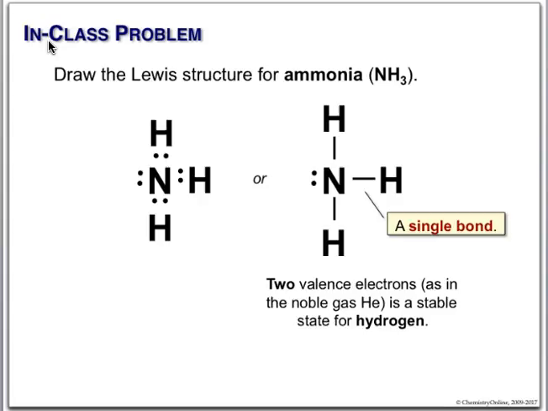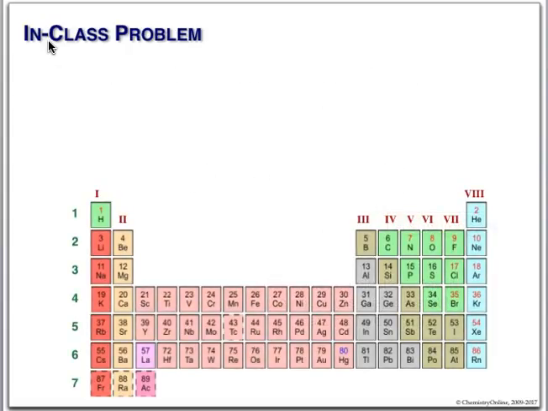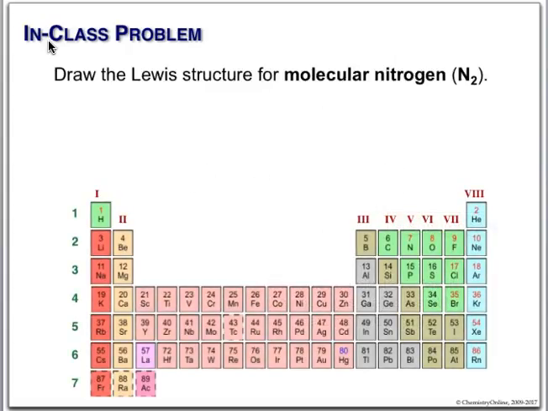Now this is really simple. Let's do something that's fun. How about molecular nitrogen? Molecular nitrogen, the nitrogen that we breathe in every day, exists as N2, 2 nitrogen atoms stuck together. Very, very stable compound.